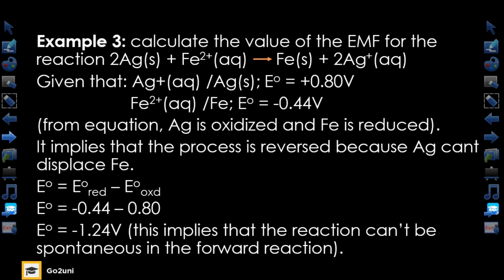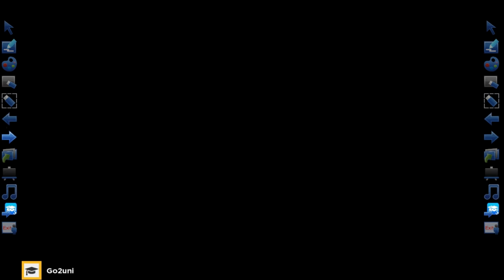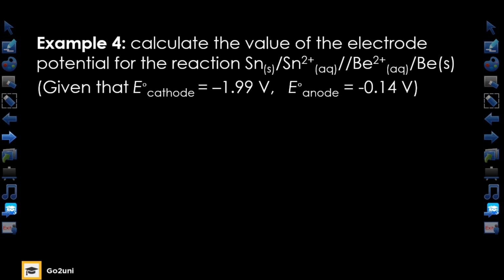Since they were turned the other way, making silver the oxidation part and iron the reduction part, that cell is not going to work. So it's not going to be a spontaneous reaction. That is the implication of turning these cells the other way around. Okay, with that, we shall look at yet another example so that we can be well grounded in this.